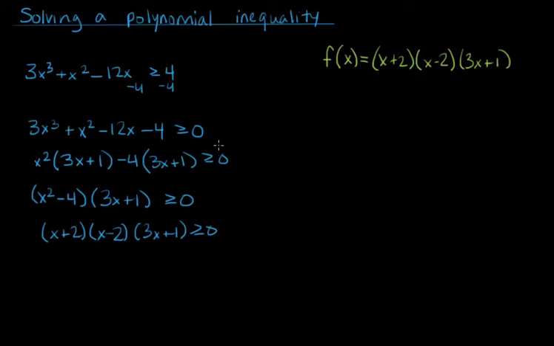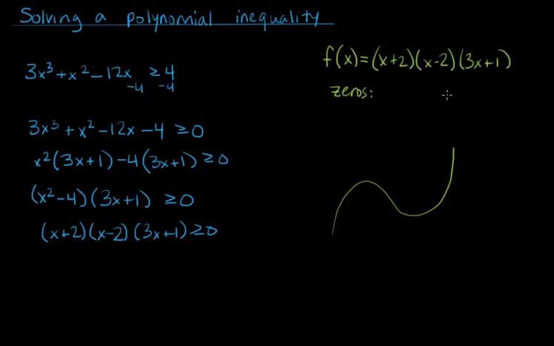This function is also equal to this one. It's a third degree polynomial, which means it makes a shape kind of like that, right? And it has zeros at what? So what are its zeros?